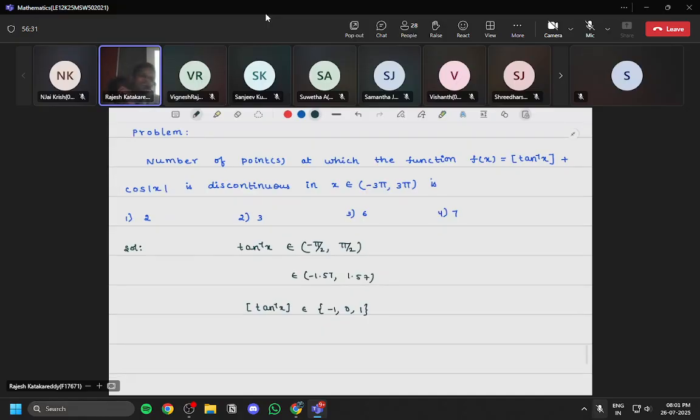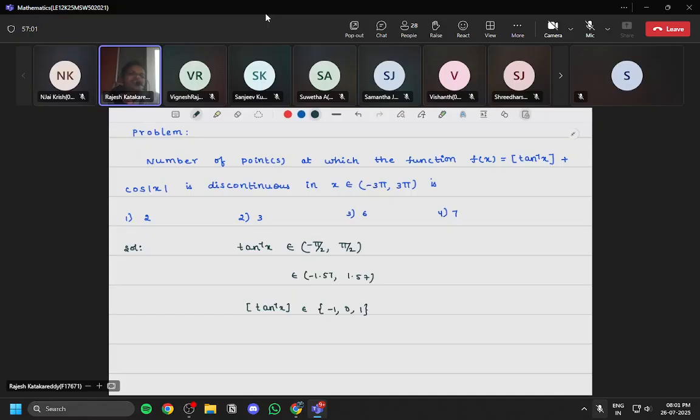Okay, let's see. Note down one problem. Function f of x is sin inverse of sin x. You want an interval?